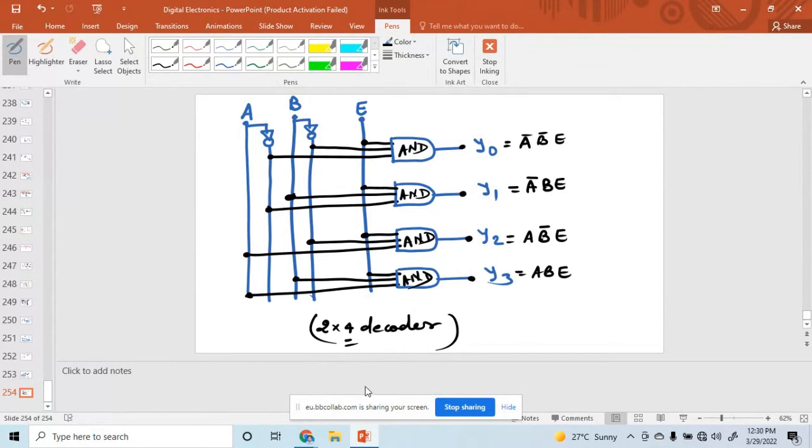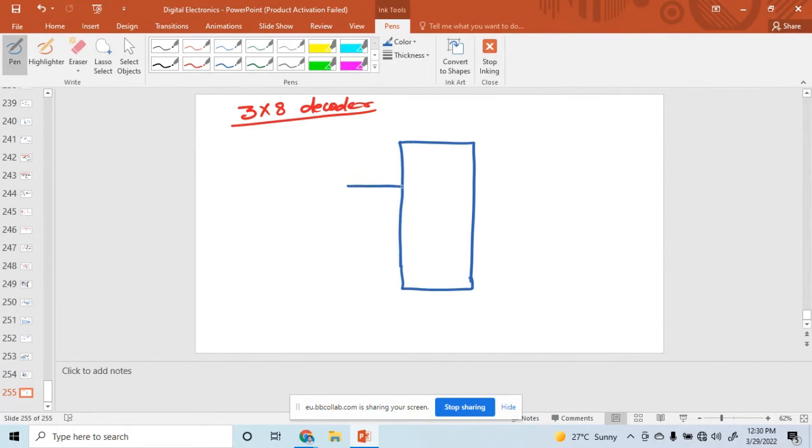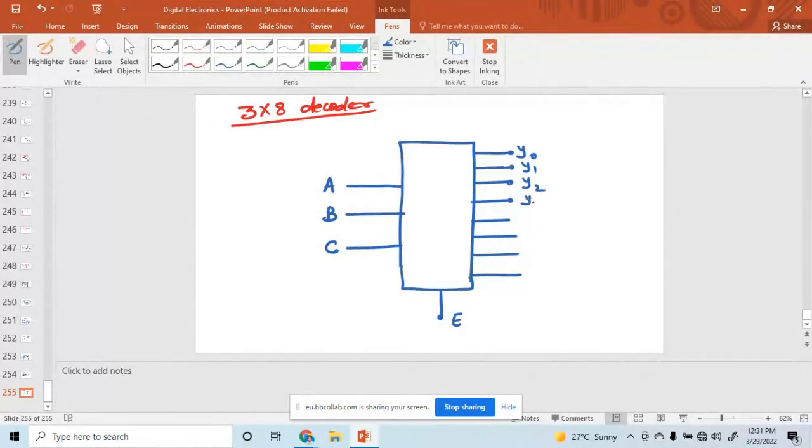So this section is the output. Everyone give your response. 8 outputs. The 3 inputs are, suppose, A, B, and C. One line is the enable line, and 8 outputs: suppose this is Y0, Y1, Y2, Y3, Y4, Y5, Y6, and Y7.